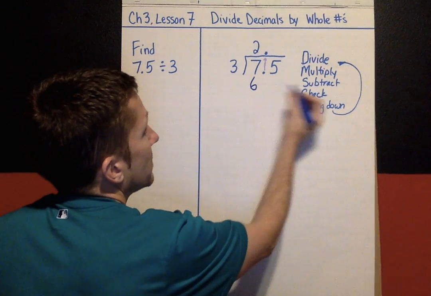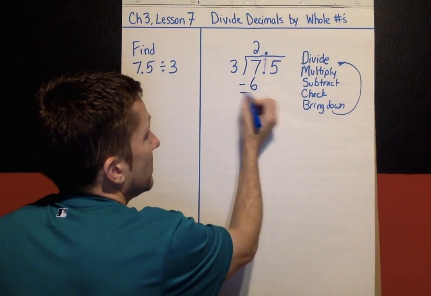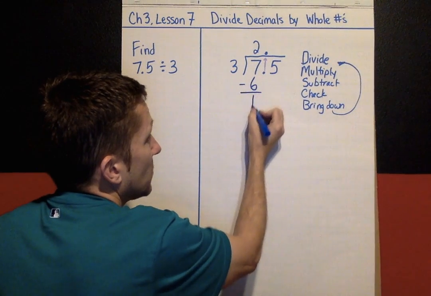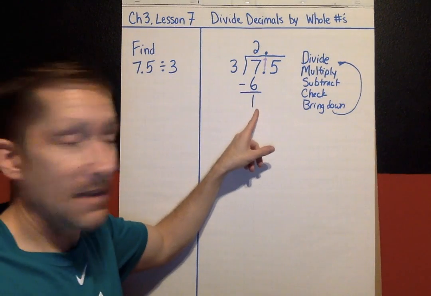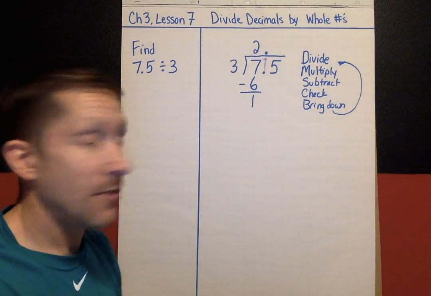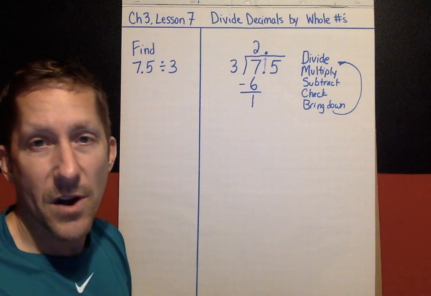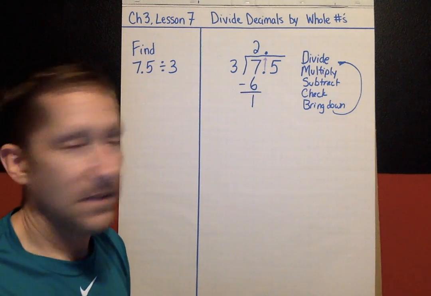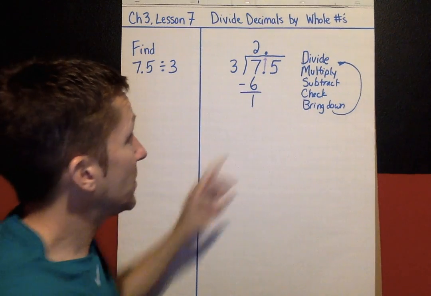That's 6. I've done divide, multiply, now I'm going to subtract. 7 take away 6 is 1. The check is after you've subtracted, is this smaller than your divisor, the number out here? It is. If it wasn't, something's wrong, you've made a mistake, back up. But since it is, I can go to the next step, which is bring down.